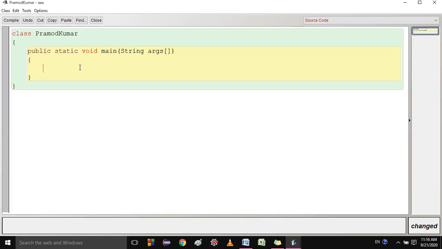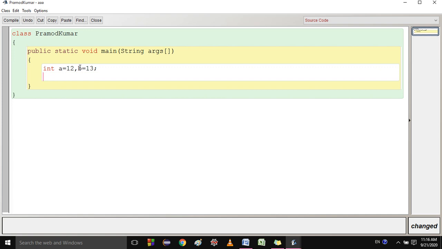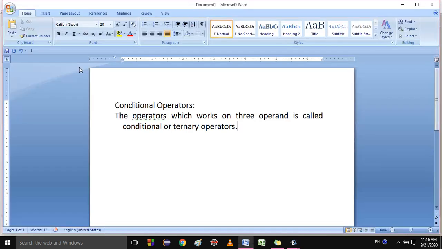Suppose I have values int a equal to 12 and b equal to 13, and I am writing here the syntax of the conditional operator. Result equal to condition question mark statement first colon statement second.